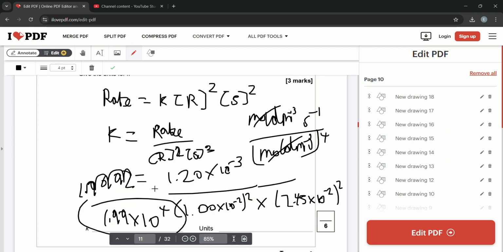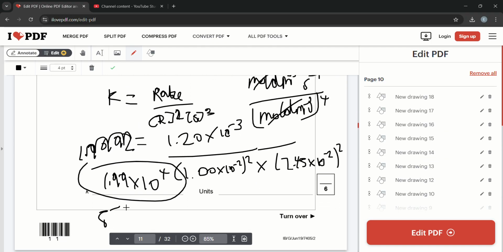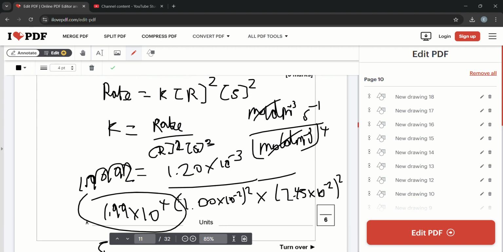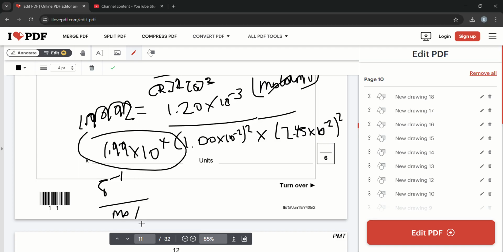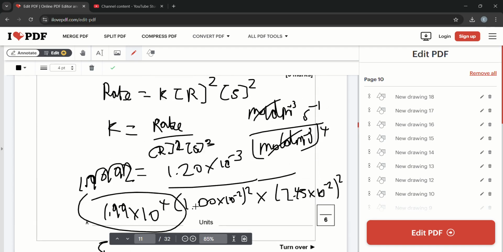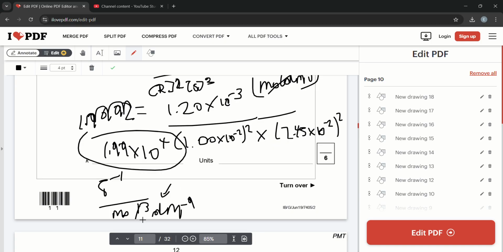We're left with s^-1 over mol dm^-3 to the power 3, which is mol^3 dm^-9. But because it's the denominator, we're going to do the opposite, so it's going to be mol^-3 dm^9 s^-1.